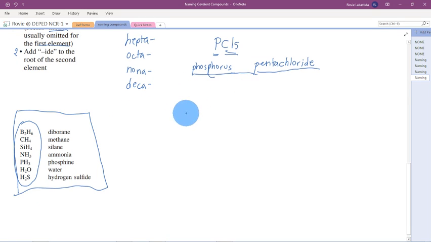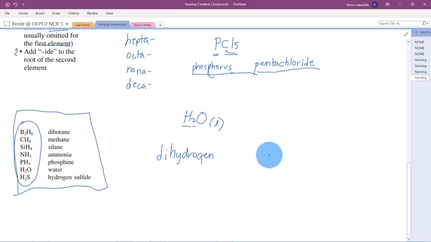For example, for H2O liquid, if we're going to use the systematic name, let's name the first element, which is hydrogen. Indicate the number of atoms of hydrogen using the Greek prefixes. We have 2 here, so dihydrogen.